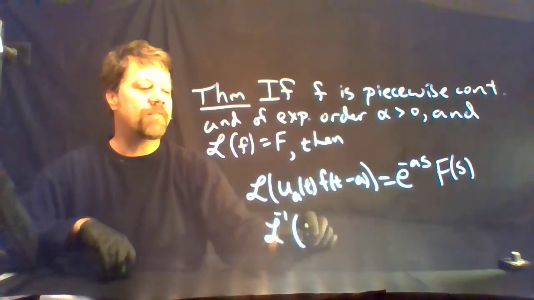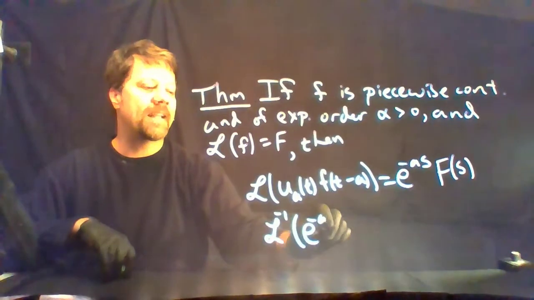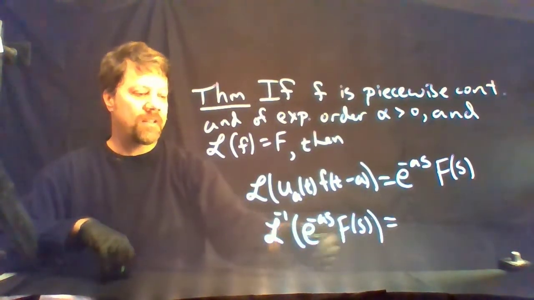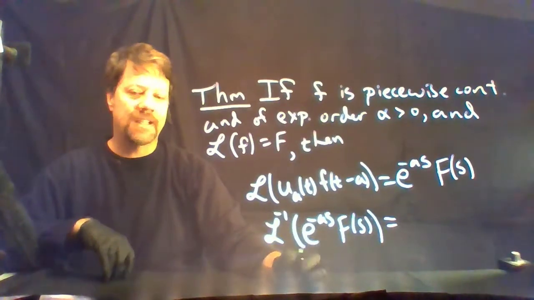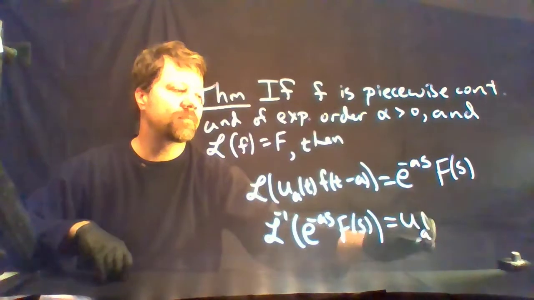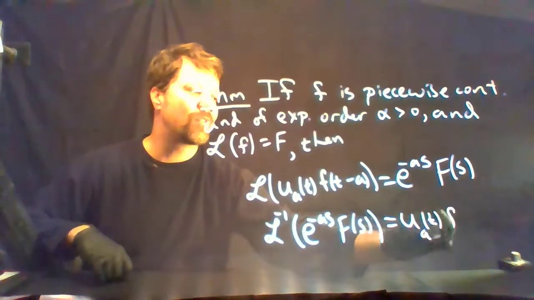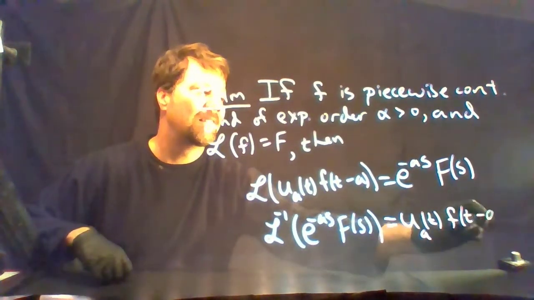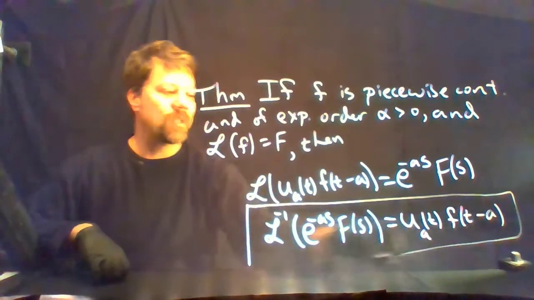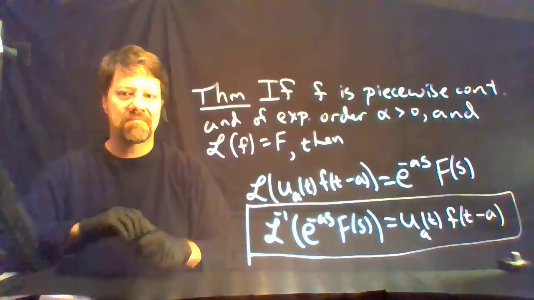When we take the inverse Laplace transform of e to the minus as F of s, the effect of this exponential factor e to the minus as is to put in a step function and to translate the original function over. This is going to be the primary way in which we will use this identity.